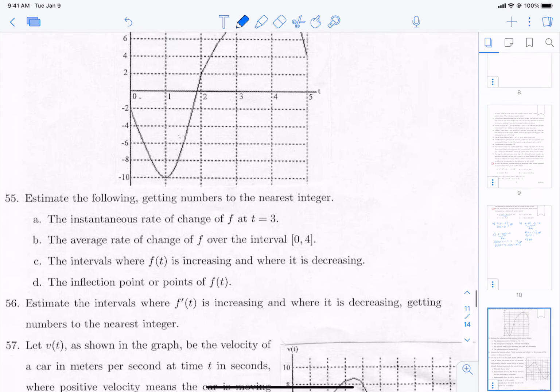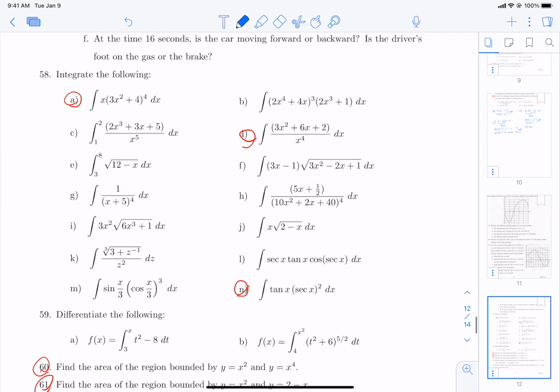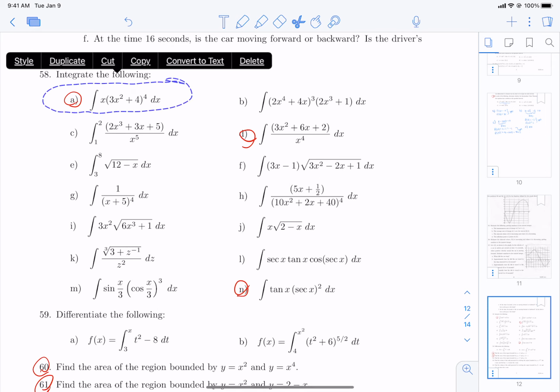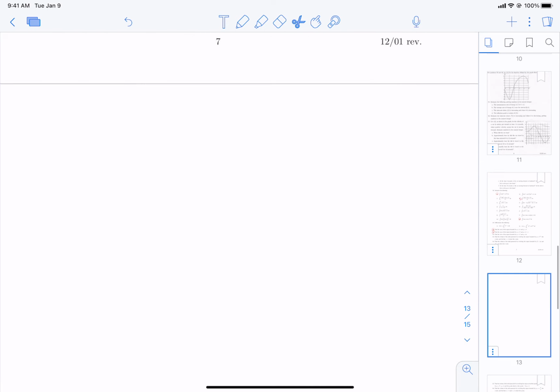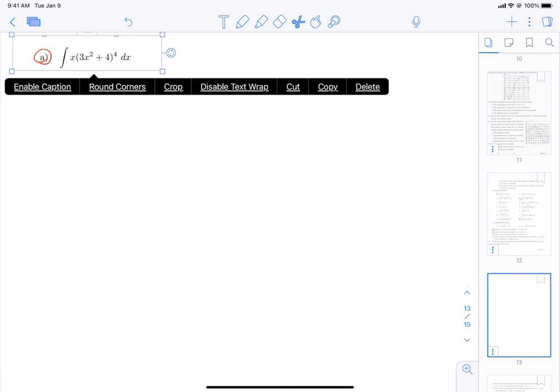Okay. Let's look at some of the integration ones. So we're going to do 58a. It just says to integrate.